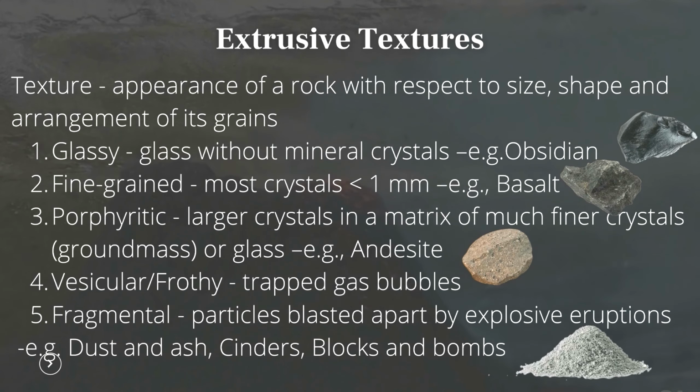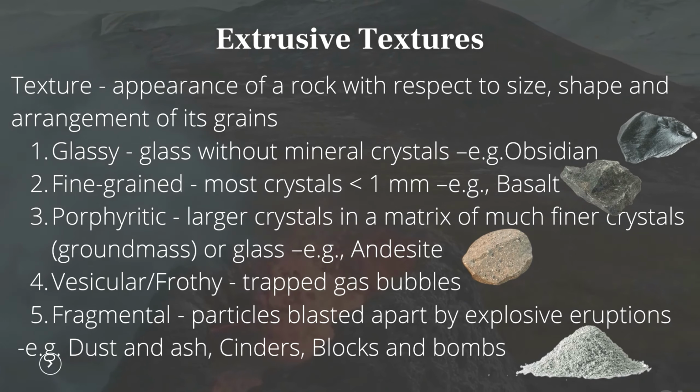Extrusive textures. Texture is the appearance of a rock with respect to size, shape, and arrangement of its grains. The first one is glassy: glass without mineral crystals, for example obsidian. Fine-grained: most crystals are less than 1 mm, for example basalt. Porphyritic: larger crystals in a matrix of much finer crystals or glass, for example andesite. Vesicular: frothy, trapped gas bubbles.